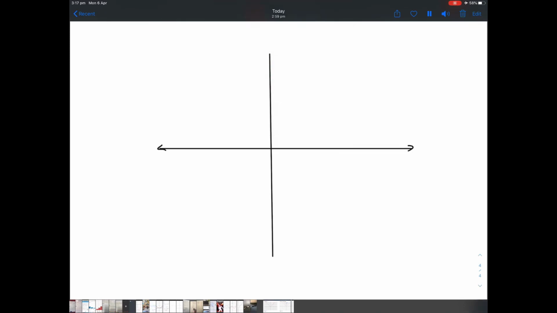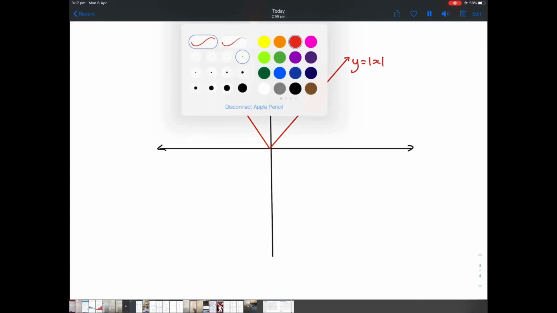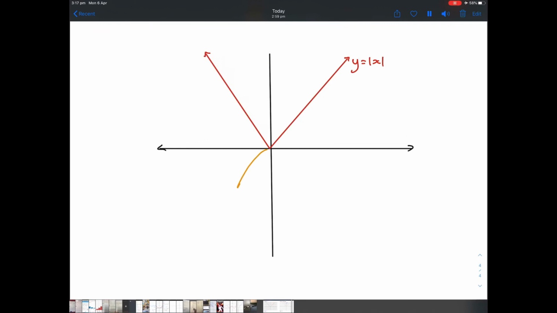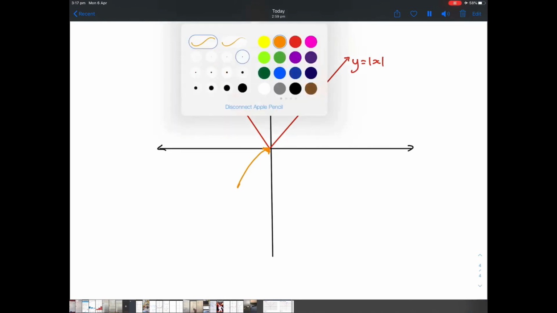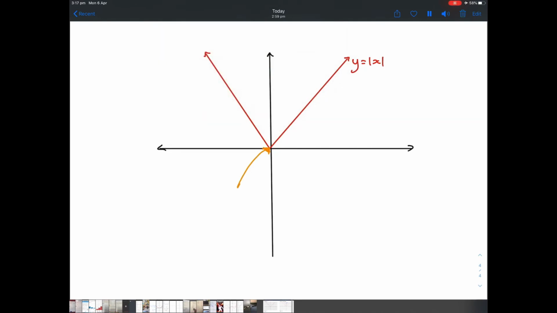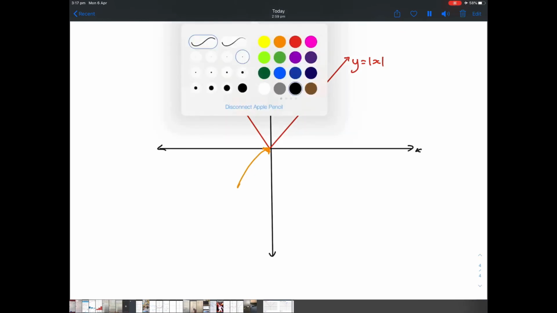If I was to quickly sketch that absolute value, the most important thing to look at is where is our sharp point? How is that sharp point being moved? Has it been moved up? Has it been moved down? Has it been moved left? Has it been moved right?